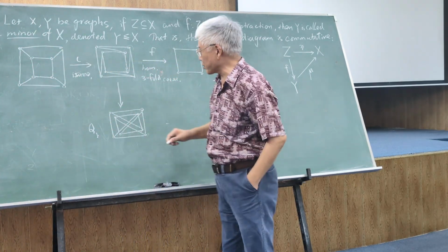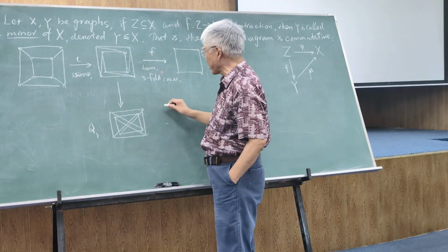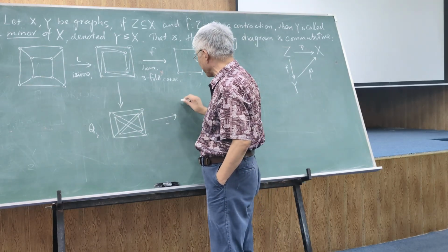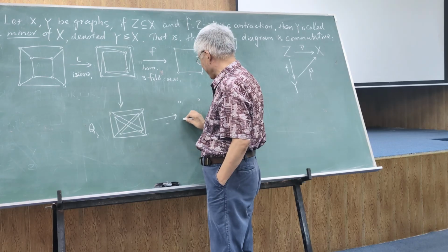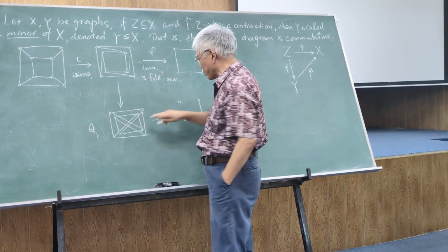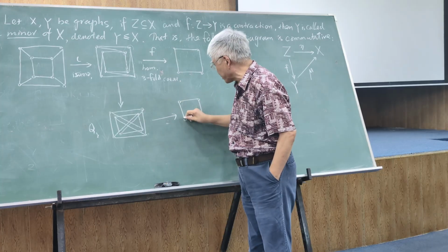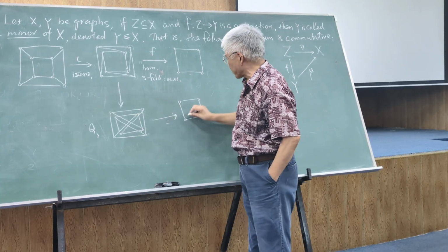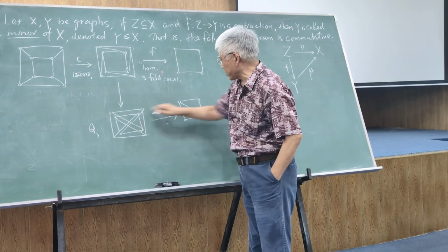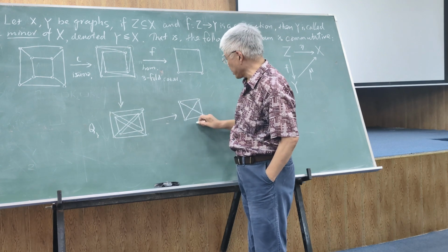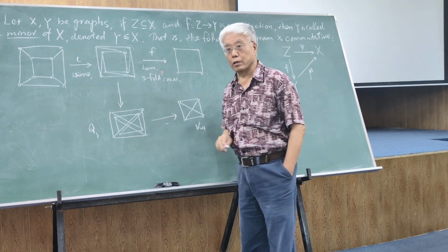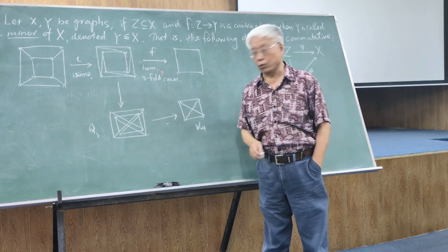Not only so, we see that now we map the nearby vertices to the same vertex, we still have 4 vertices. This is the edge because these two edges map to this one, those two edges map to this one, those two edges map to that one, and those two edges map to this one. This is K4, the complete graph of order 4.